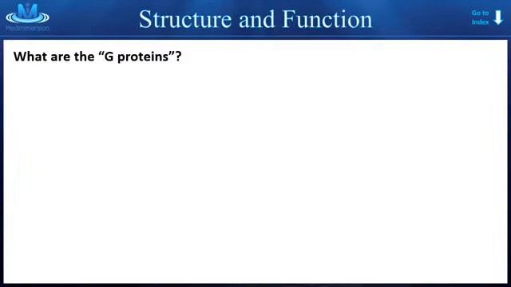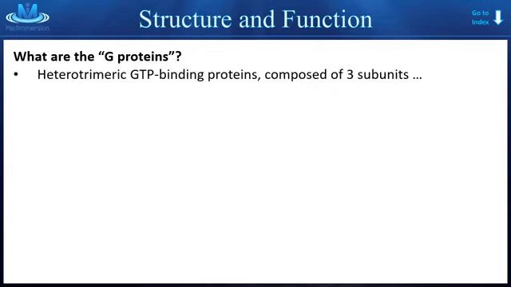So I told you that I was going to break down the names so that you can understand the concepts a little bit better. So first off, what does the word G proteins mean? Well, the G proteins are a component of this receptor system. The G proteins are heterotrimeric GTP binding proteins made of 3 subunits, hence heterotrimeric.